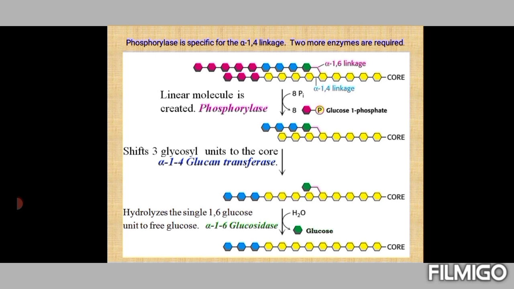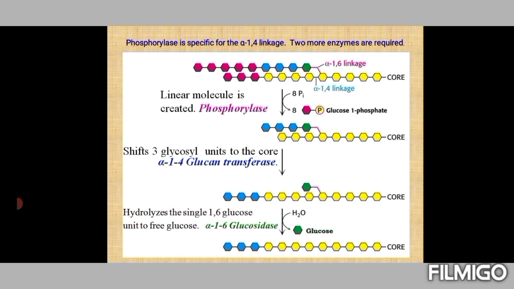And phosphorylase is unique in that it can cut alpha-1,4 only, and it can cut alpha-1,4 only till it reaches a molecule which is 4 glucose molecules away from a side branch. You can see 3 blue colored subunits and one green colored subunit here, and it is attached by alpha-1,6.